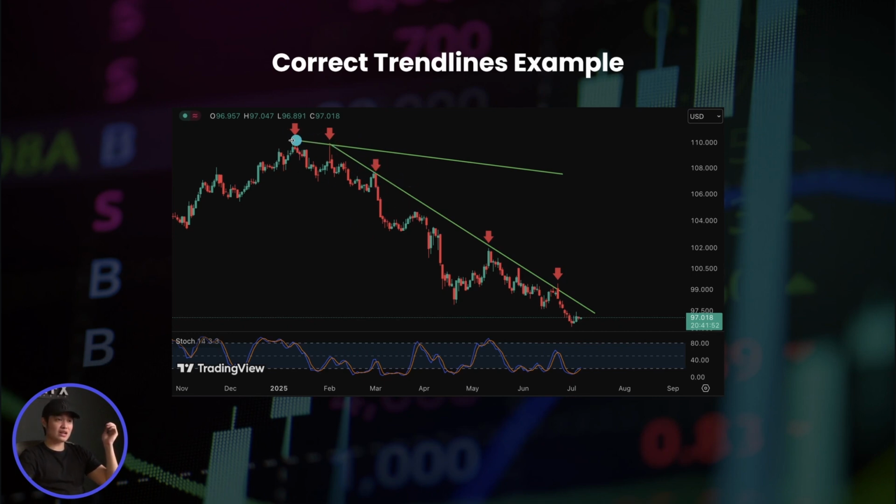The first one, the second one, and then the price seems to have a major, big volume breakdown in the downward momentum. So you have to adjust it like this, okay?